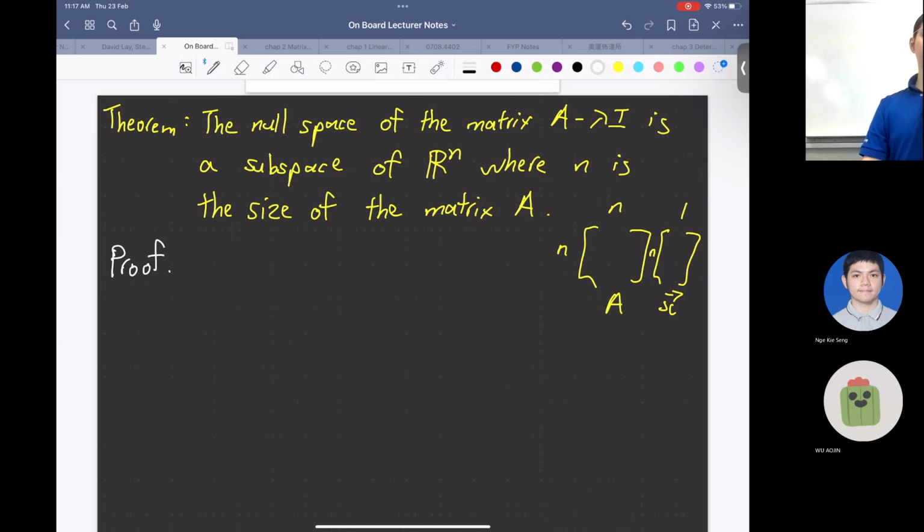Okay, I want to show this because I want you to get familiar with how to show something is a subspace. So for a subspace, the first thing you need to show is that the null space of A minus lambda I is a subset of Rn.